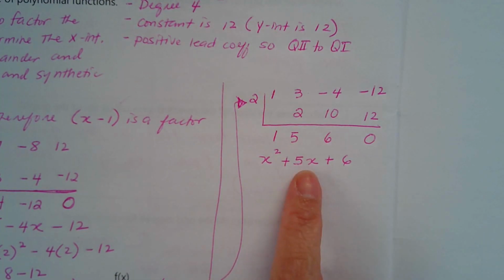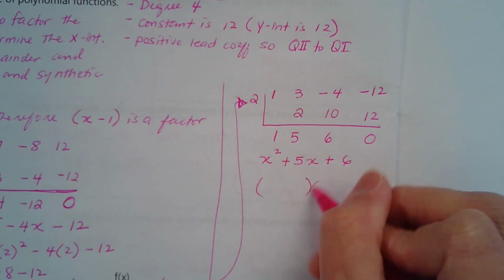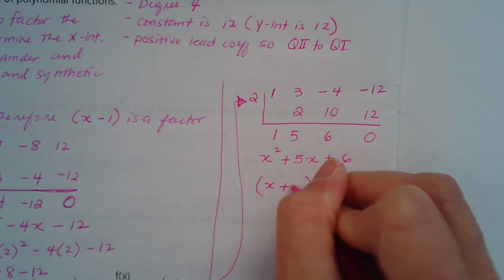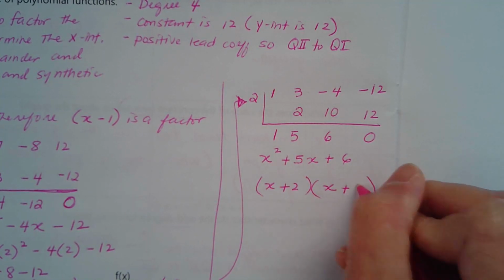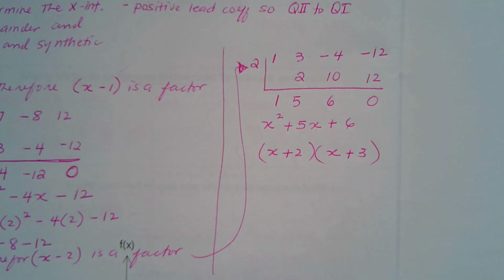From here, it's easy to factor now, right? What's a factor of this one? 3 and 2, yeah? So it's going to be x plus 2, x plus 3. x plus 2 times x plus 3. So, what's a complete factor?